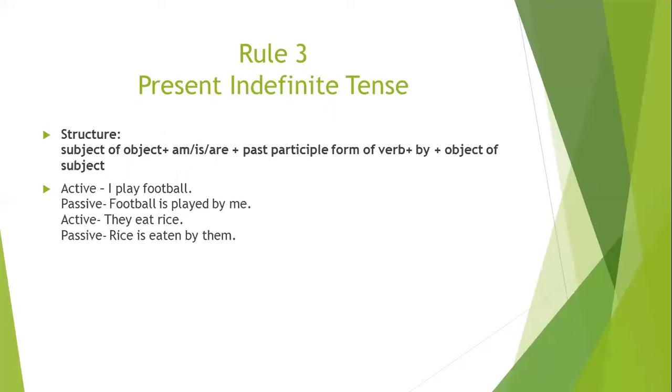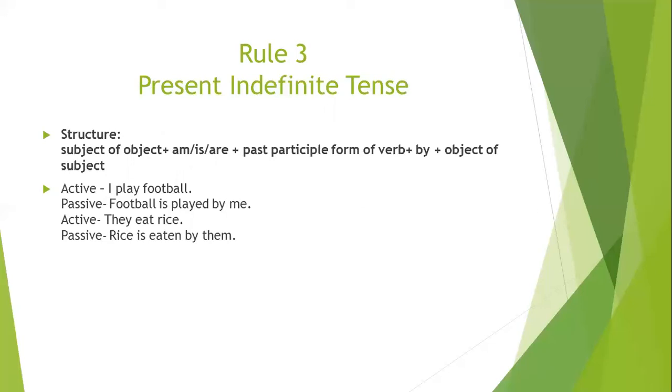After that, see the second example. That is, they eat rice. Here the passive form will be rice is eaten by them. Dear cadets, you all are acquainted with the term rice, that is uncountable noun. So for uncountable noun, we consider the noun as a singular form.